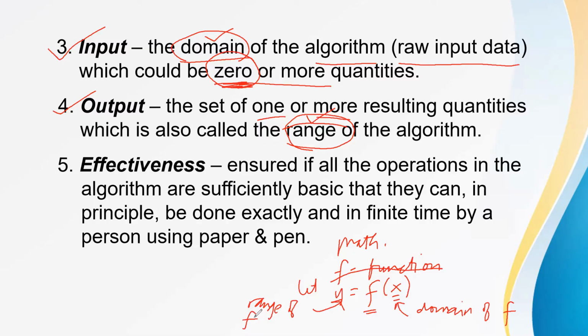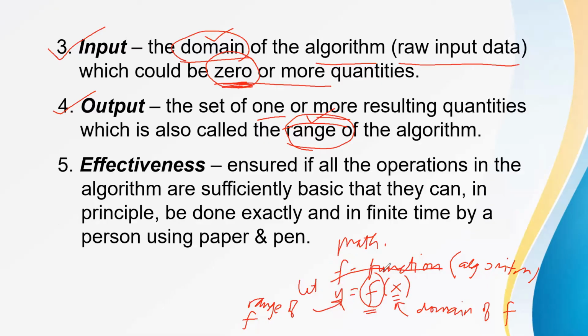So if we let f, the function in mathematics, represent our algorithm, then the input to this algorithm f is x, which is called the domain. Okay, that's why we call the input of the algorithm the domain of the algorithm, while y is the range of the algorithm f. Okay, because we represent an algorithm by f.